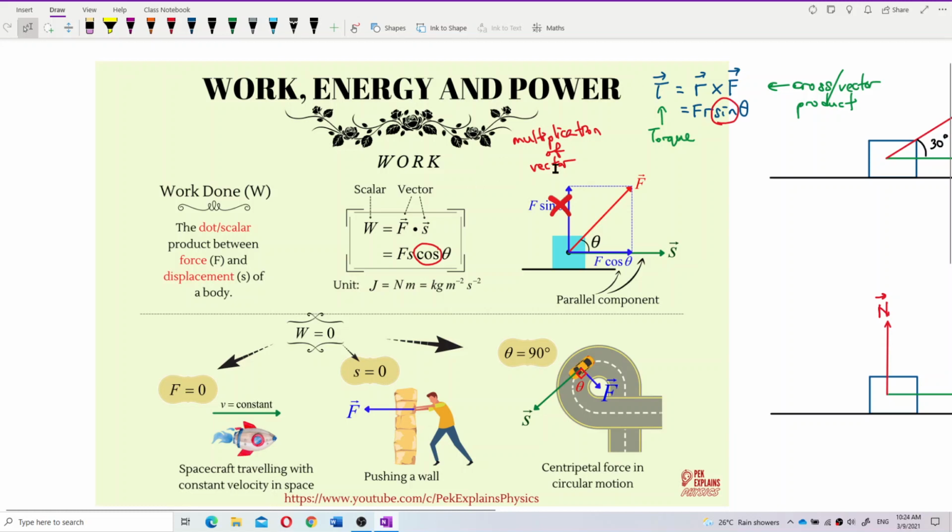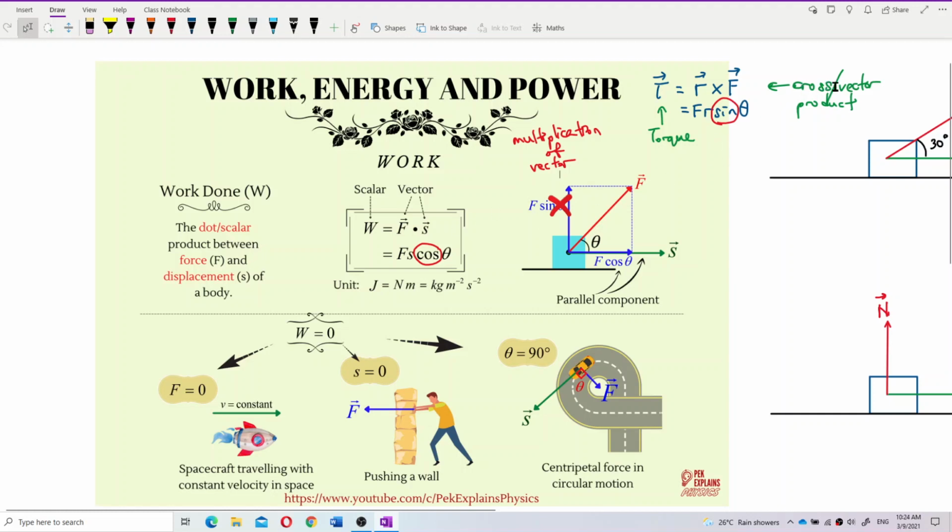Force and displacement are both vectors, but for a dot product you get a scalar quantity. Work done is a scalar quantity, so it has no arrow. That is why a dot product is also called a scalar product.